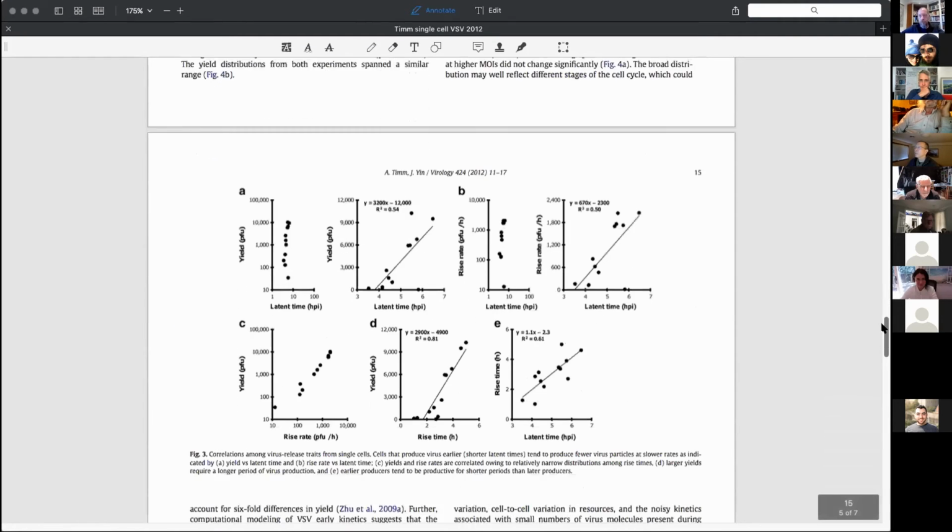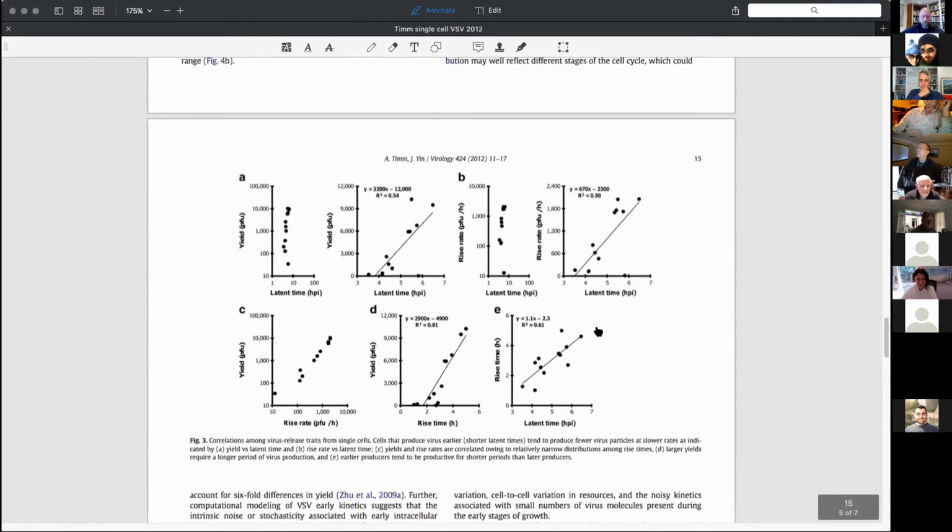We did some additional analysis here, looking at various correlates of rise times and latent times. The longer the latent time, the higher the rise rate also tends to be.